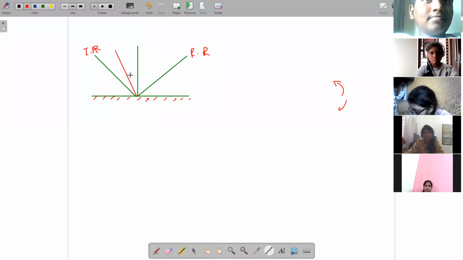So what happens to the reflected ray? It is also shifted, in the anti-clockwise direction. That is the angle I need to find. But directly you can tell this, no derivation is required. You can see the figure and tell it easily. Right, children?